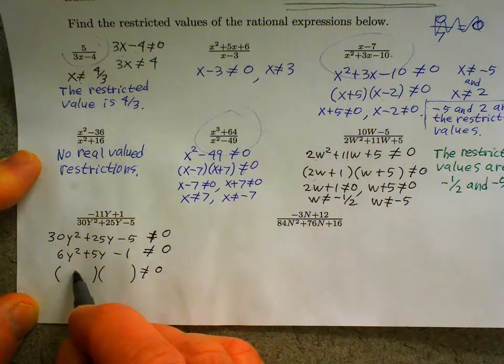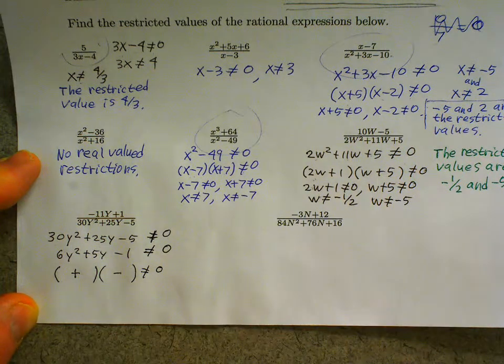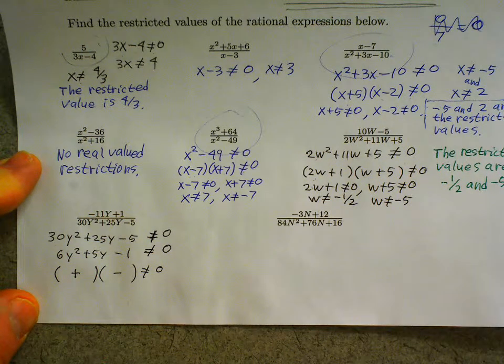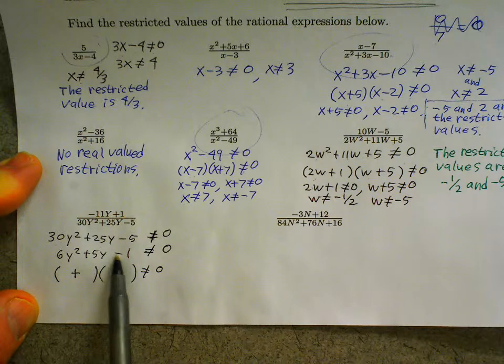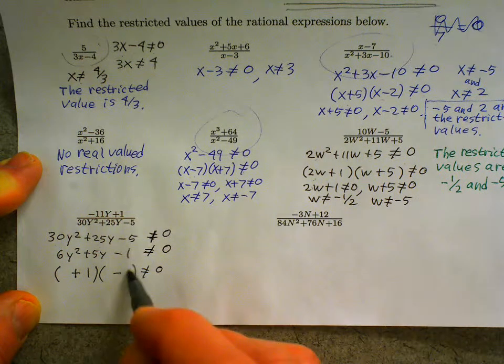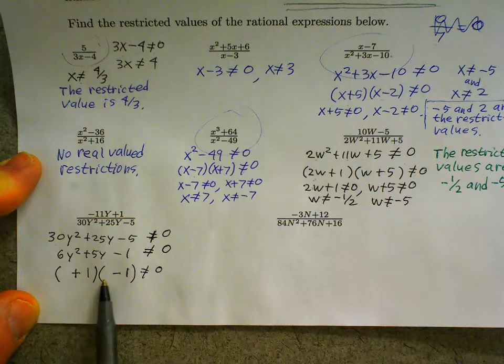It tells us that one of the binomials has to have a plus sign and the other one has to have a minus sign. And something else it tells us, if it's factorable with integer coefficients, since the constant is minus 1, then this has to be plus 1 and minus 1. So now we just have to figure out what the first terms of each of the two binomials is.